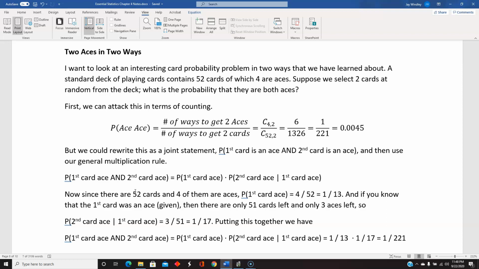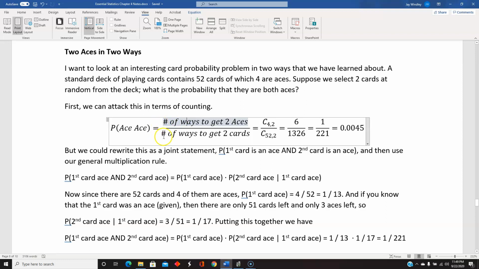If we look at this from the standpoint of counting and the very first formula we learned for probability, we need to figure out how many ways I can get 2 cards, and how many ways there are that I can get 2 aces.